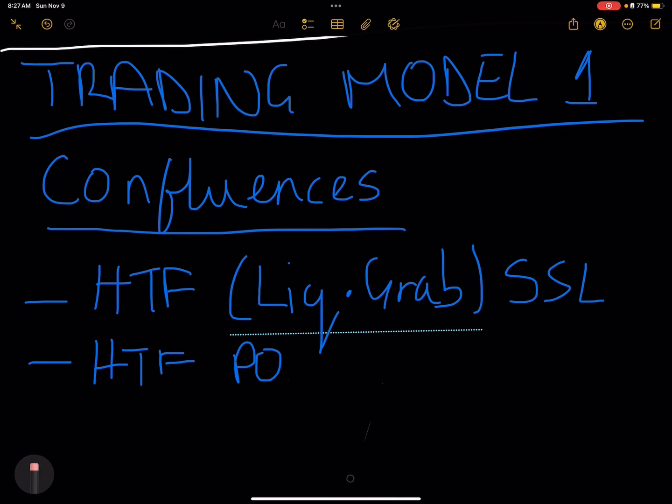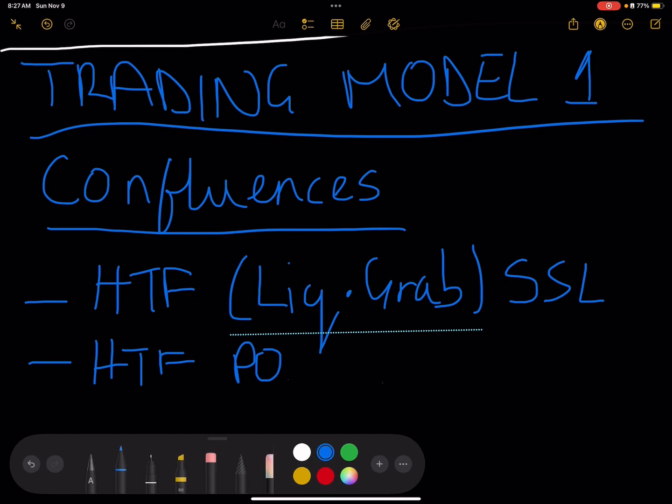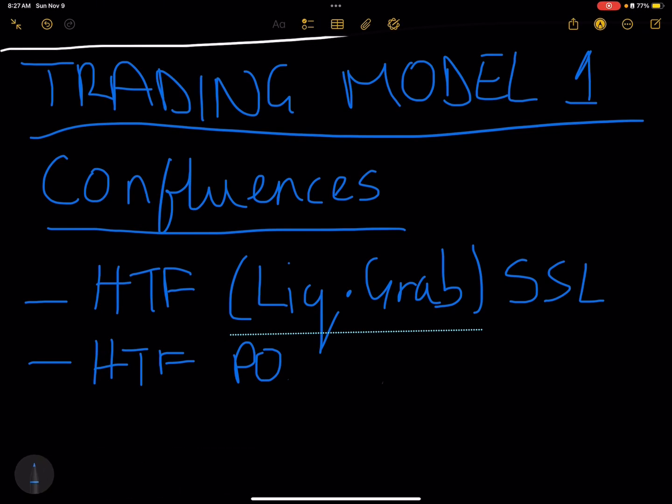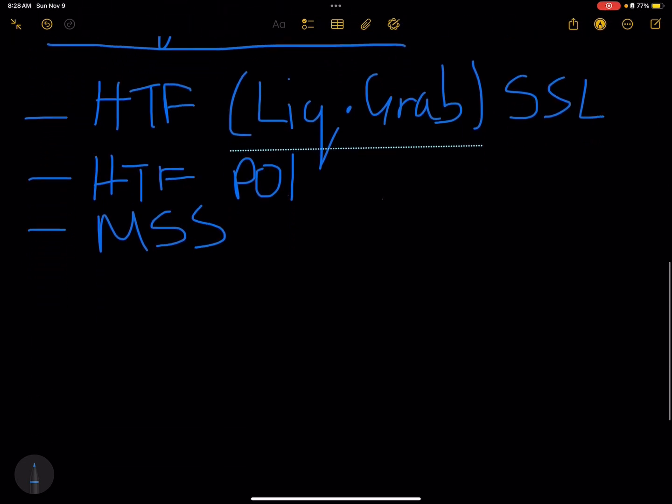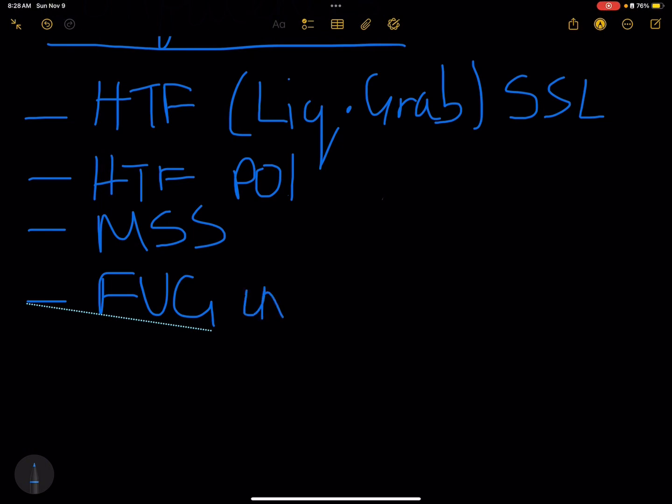All right. A market structure shift, okay, a fair value gap, right, in discount.